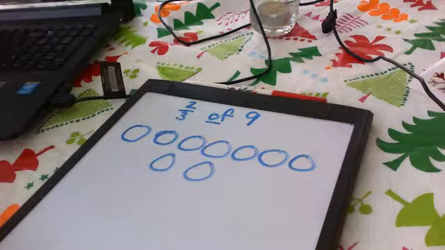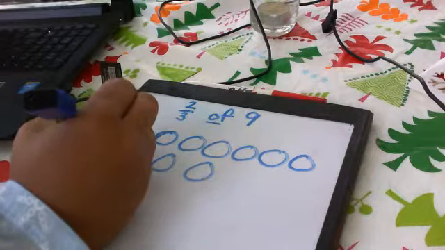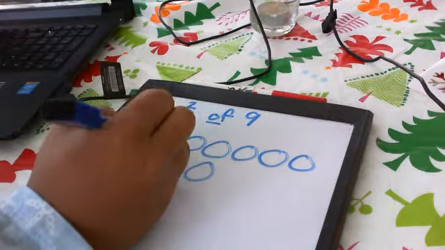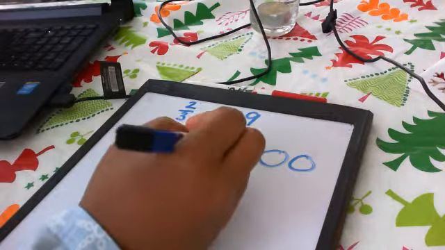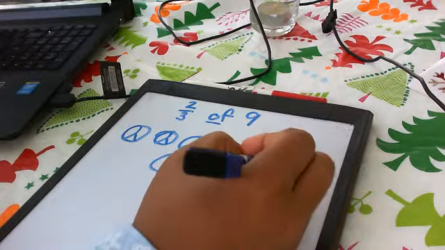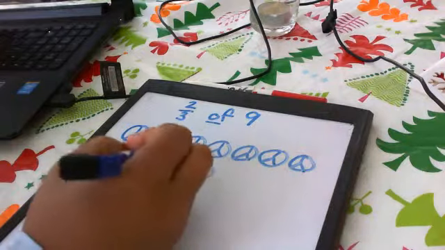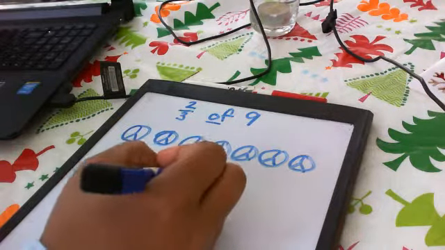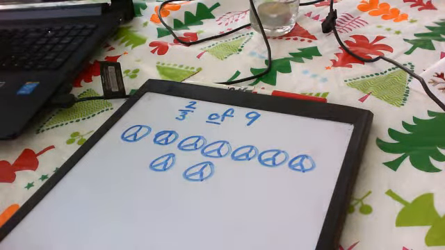It's really your choice. Okay, so I'm going to take each circle now and divide it into thirds, because the number in my denominator is thirds.